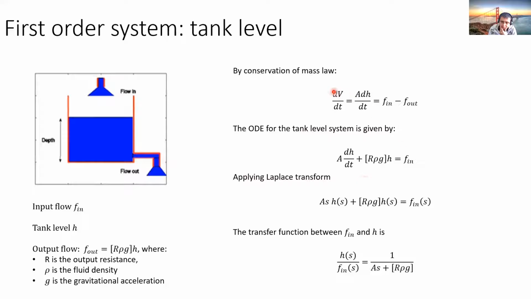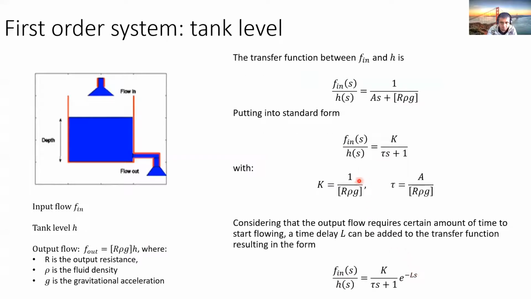By the conservation of mass, we have this equation: the change in the volume, that is the area times the change in the height, is equal to the difference between input and output flow. The ODE is given by this, making these replacements and applying the Laplace transformation. This will be our transfer function in this case, 1 over A s plus rho g over R.